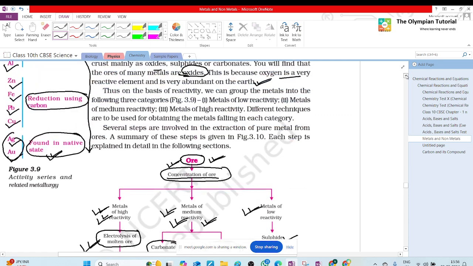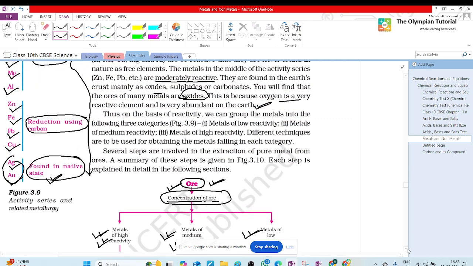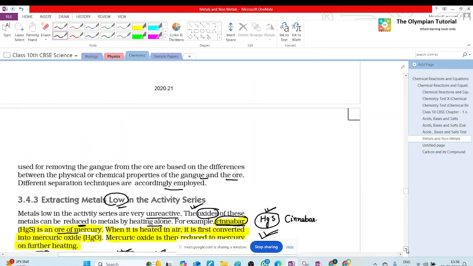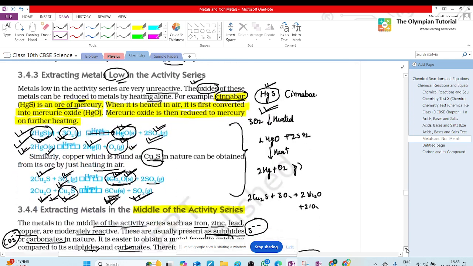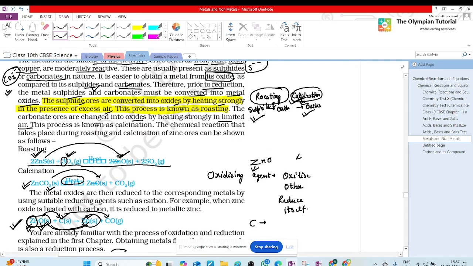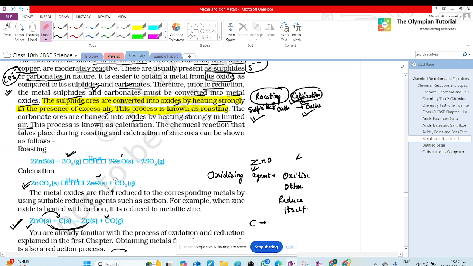Now the question arises, what is calcination and what is roasting? Calcination we do for carbonate ore and roasting for sulfide ore. In roasting, sulfide ore is heated with a sufficient amount of oxygen.